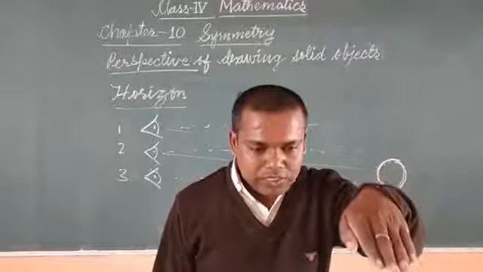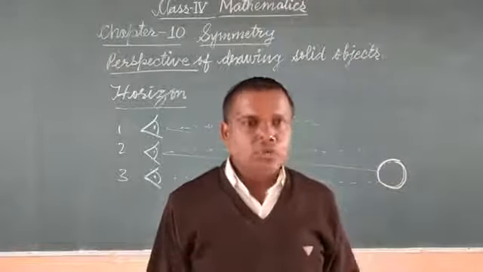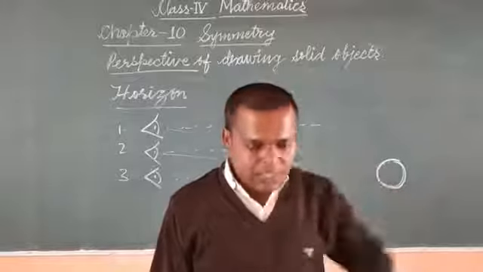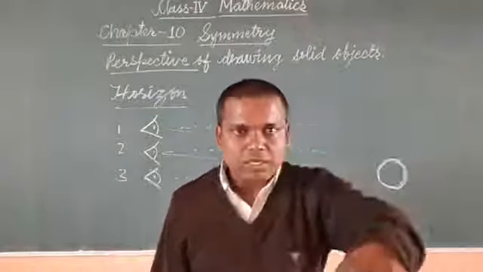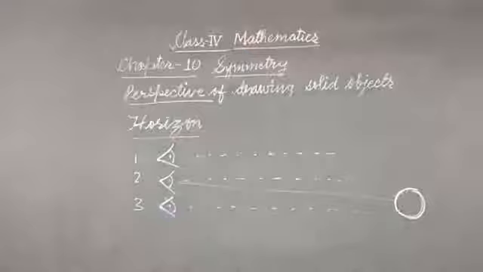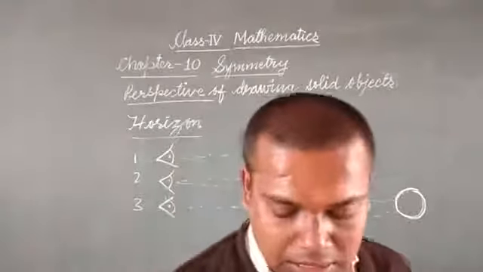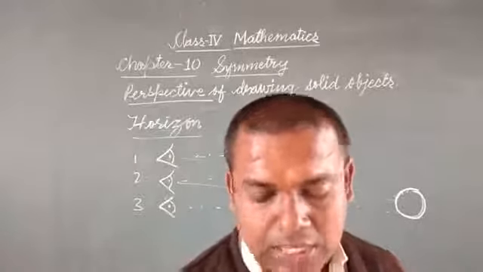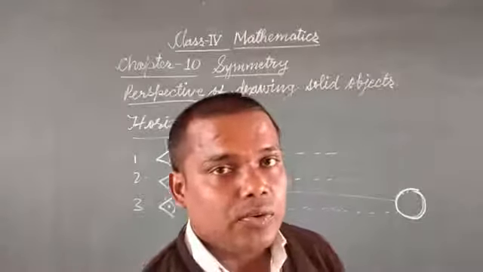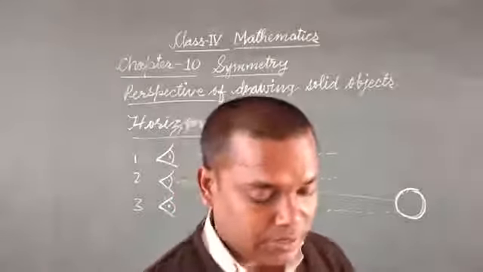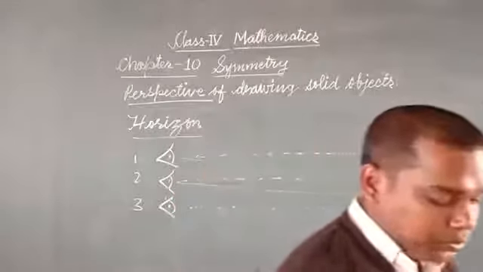The object which is lying on the earth, we see like this. So the horizon is exactly in this way, but we see like this. So here horizons can be lying in the line of the eye of the viewers.